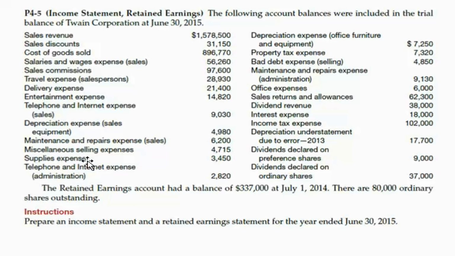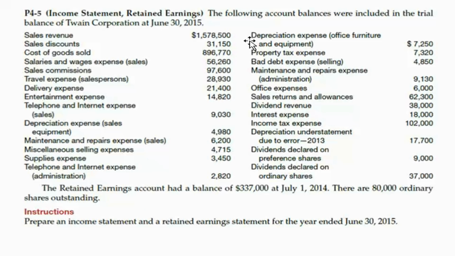Then we got supplies expenses. What are supplies expenses? They are administrative expenses, the expenses for my office supplies. So supplies expenses is administrative expenses. Telephone and internet expenses, administration. Since it states they are administration, these are administrative expenses.